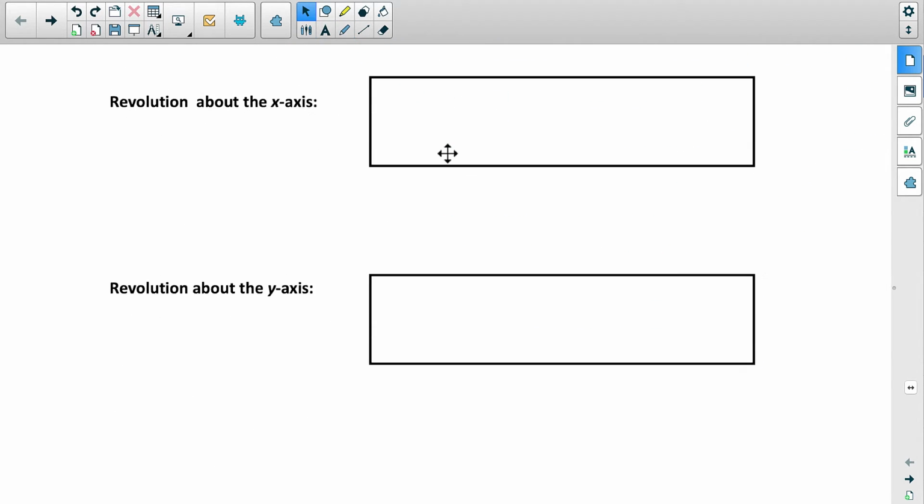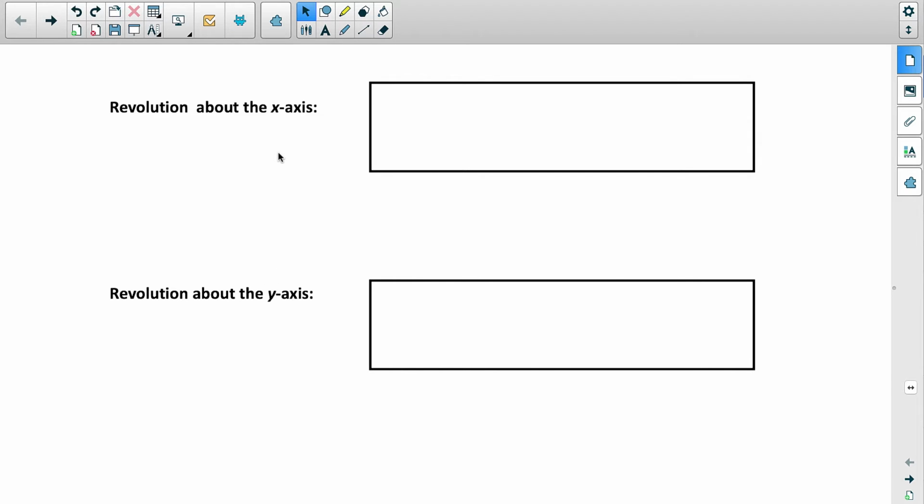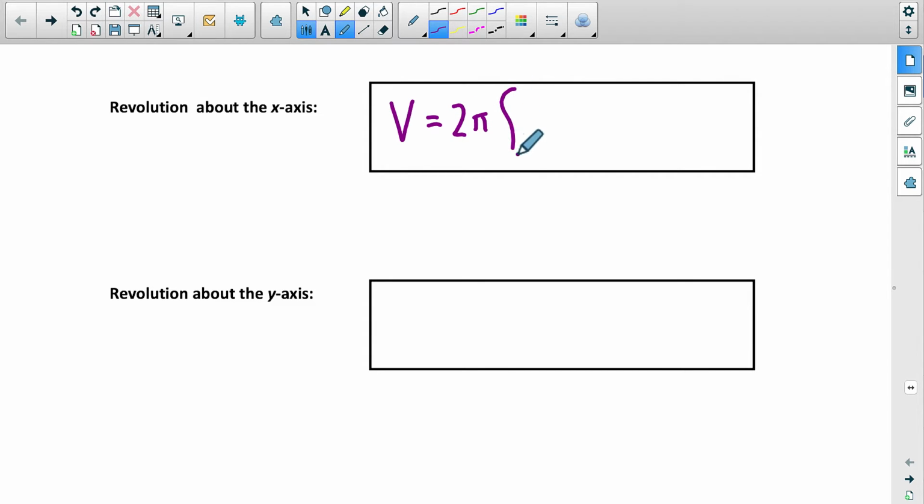So let's get right down to our formulas. Again, I have two for you, depending on whether it goes around the x-axis or the y-axis. If you rotate it around the x-axis, the formula is V equals 2 pi times the integral from a to b of y times h of y dy.